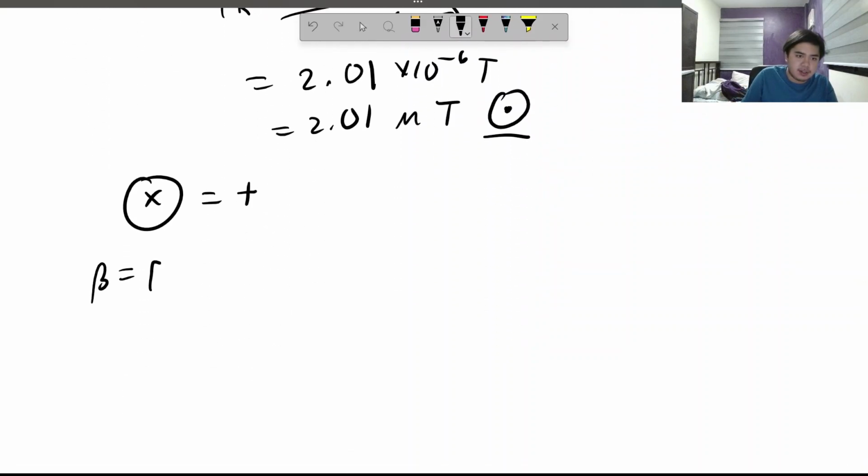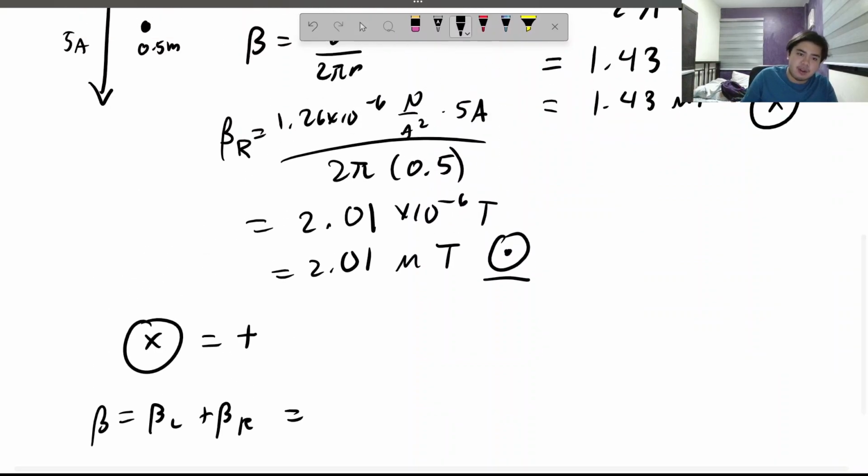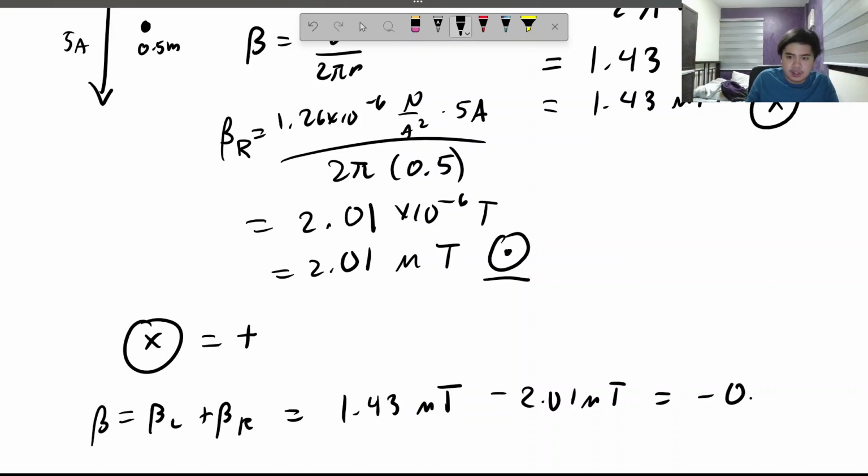So, B equals B left plus B right. Our B left is 1.43 microtesla, and since it is into the page, it is positive. Then, 2.01 microtesla, since it is out of the page, it is now negative. The answer is negative 0.58 microtesla.